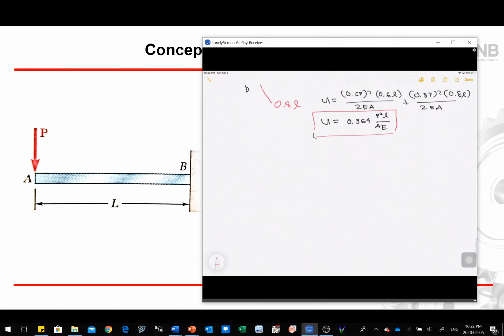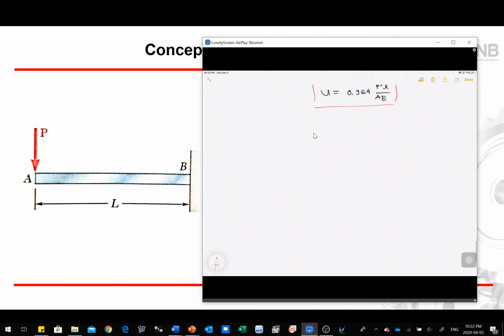Now let's go to this guy right here. First, let's recall the equation for bending. For bending, we have U is equal to the integral from 0 to L of M squared over 2EI dx.